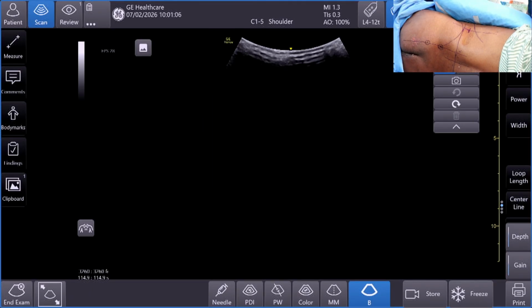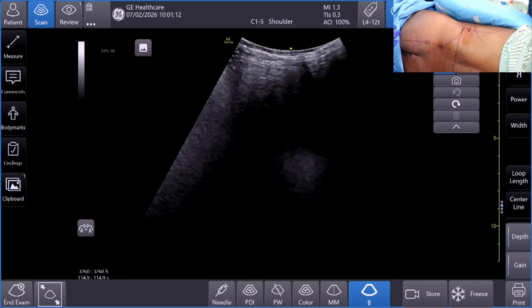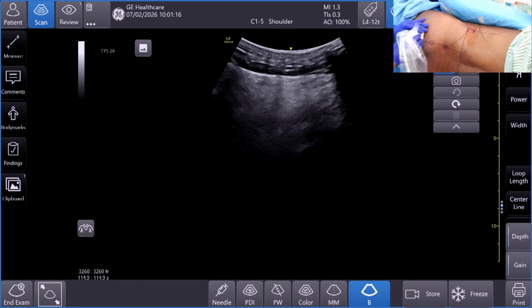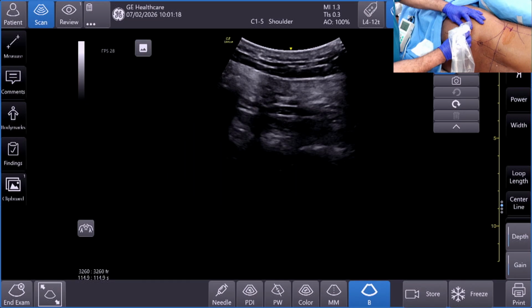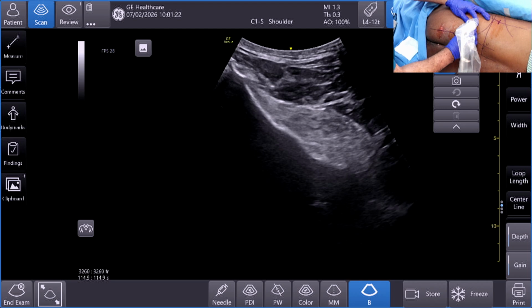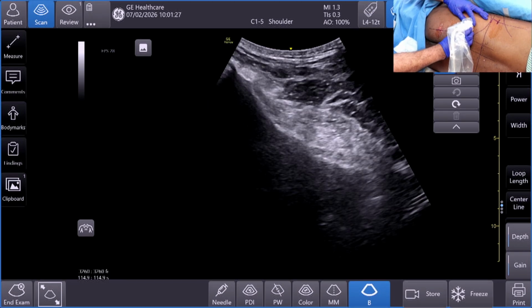Now, if you look at the sacral plexus, we start at the level of the posterior superior iliac spine. You can see the posterior superior iliac spine, and you can see the gluteal muscles.